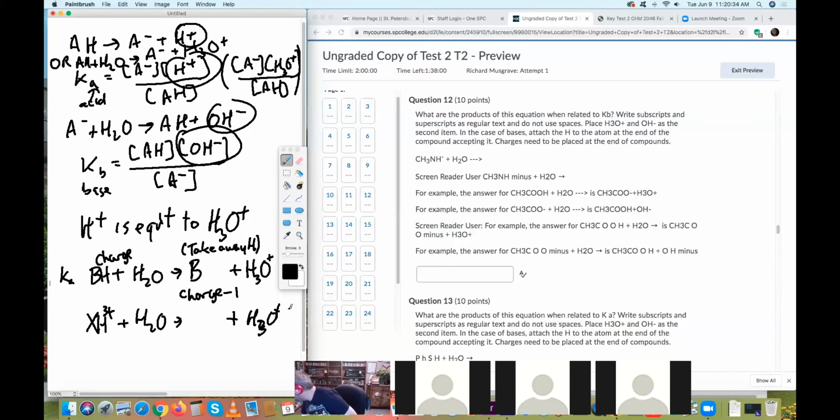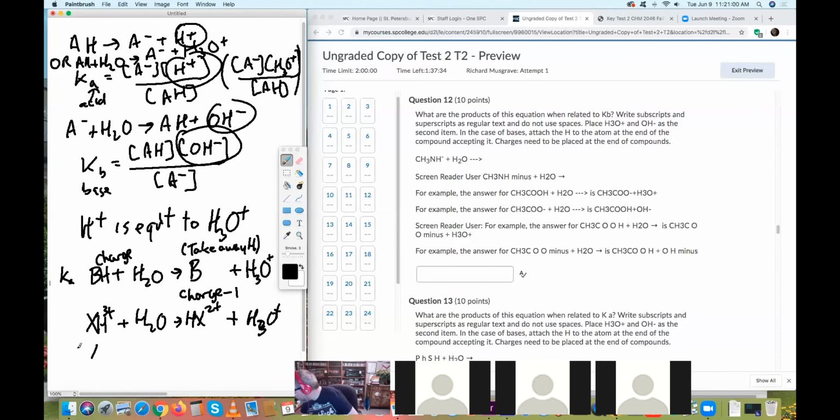What's the mystery compound that goes along with that? HX2 plus. Yes. If you look at the math here, 2 plus and 1 plus gives 3 plus. All of the time, these things have to balance.